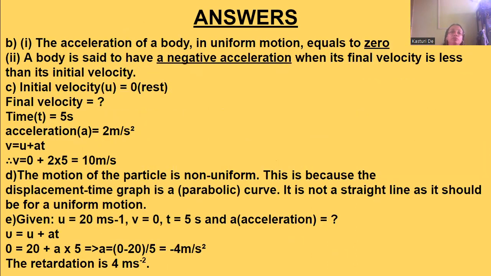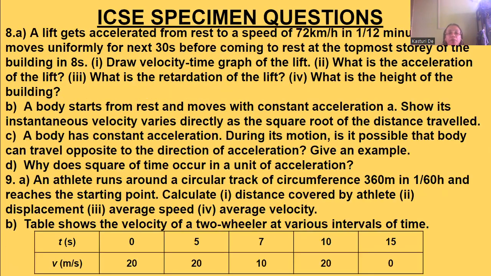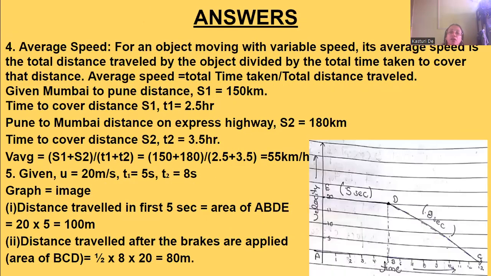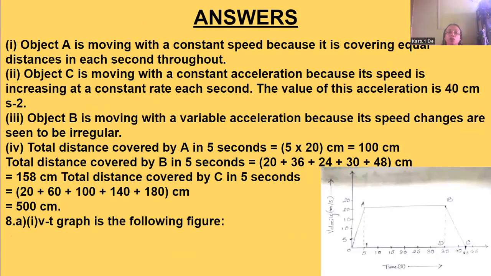Now for the fourth one: find how much distance each of the objects A, B, and C cover in 5 seconds. First is A, in 5 seconds it is 5 into 20, because it has constant speed. So 5 into 20 is 100 centimeters. Then the total distance covered by B in 5 seconds. First we need to add all the distances.